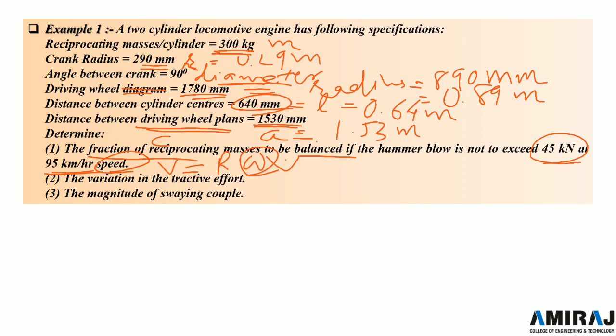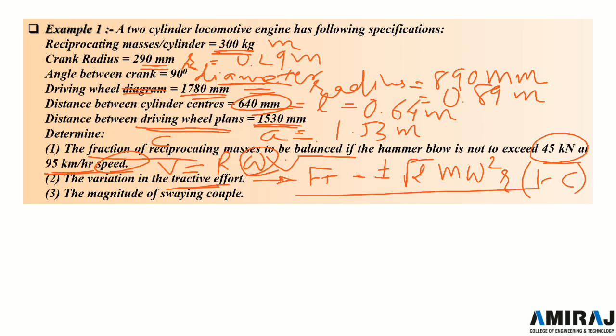The second thing we have to find is the variation in tractive effort, that is given by the Ft equation. The equation for Ft is plus or minus root 2 m omega square r (1 minus c). We will use this equation.